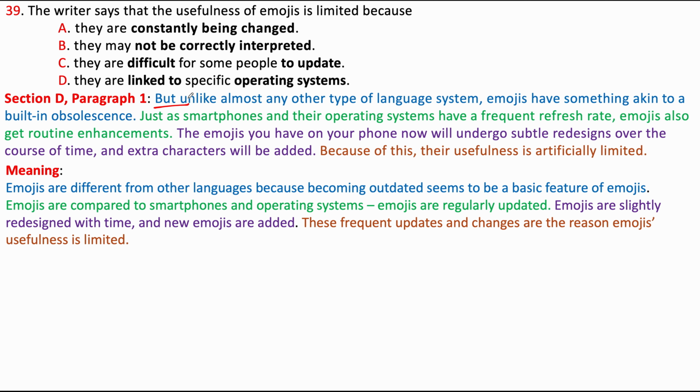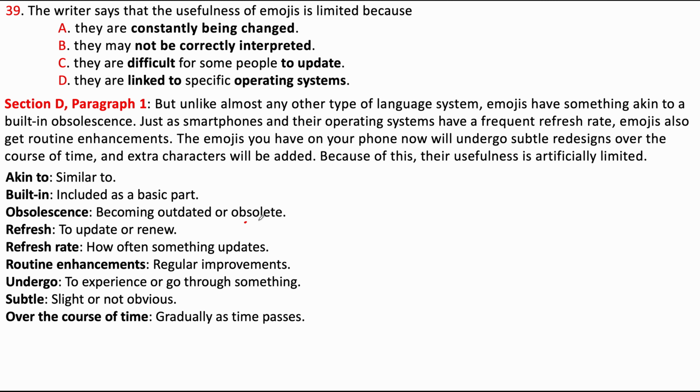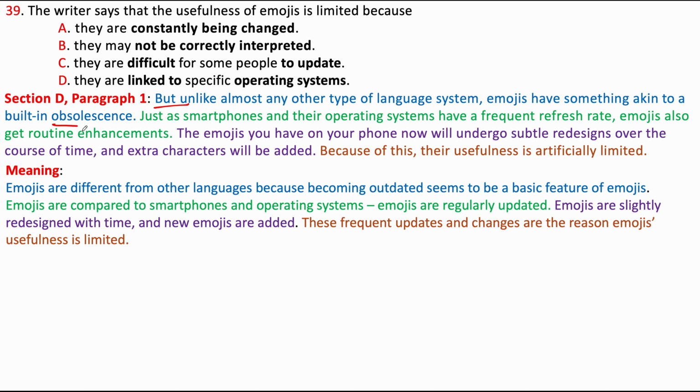The first sentence says that emojis are different from other languages because becoming outdated is an inherent or built-in feature of emojis. An important word here is "obsolescence." It comes from the word "obsolete," meaning something that becomes outdated. While this word was crucial for solving list of headings, we can answer this question without fully understanding it.